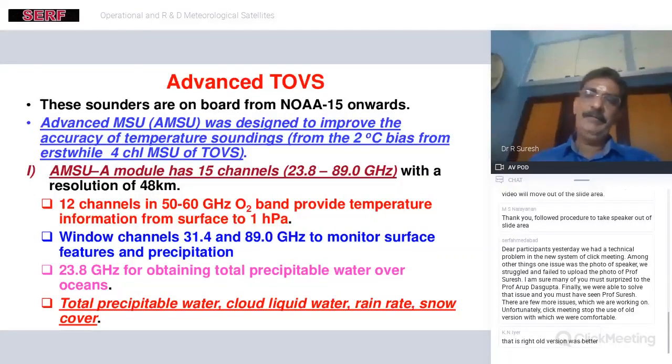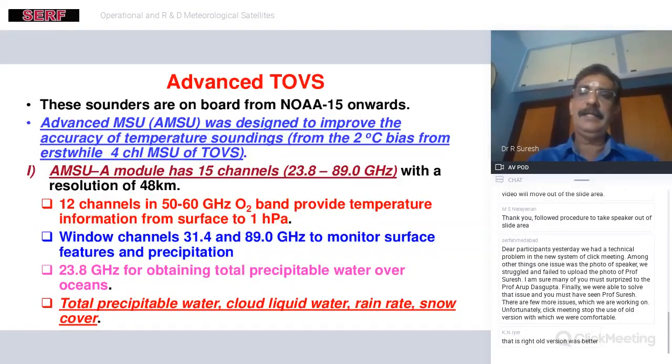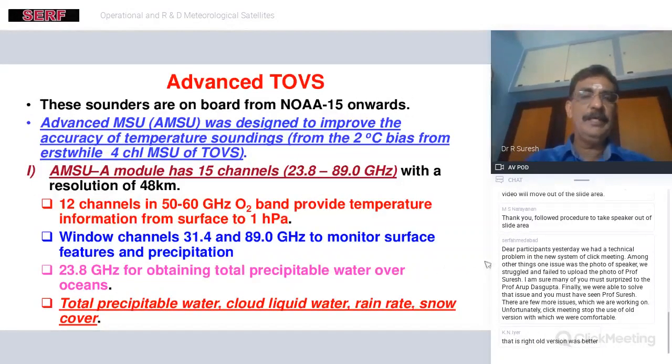From the advantage of whatever we derived from TOVS, the technology has evolved to advanced TOVS. It carried, in addition to an improved HIRS, an improved AMSU, that is the Advanced Microwave Sounding Unit.